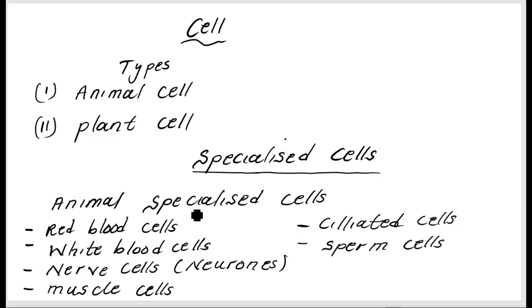Under animal specialized cells, they can ask you questions on these six specialized cells. They can even ask you to name an example of an animal specialized cell.